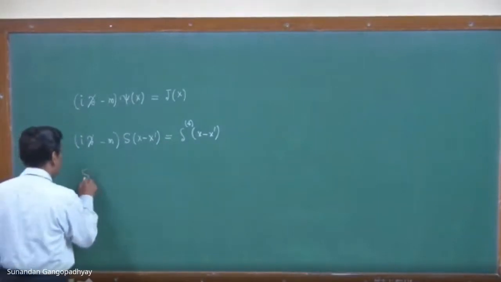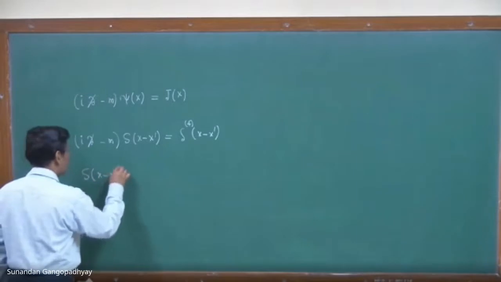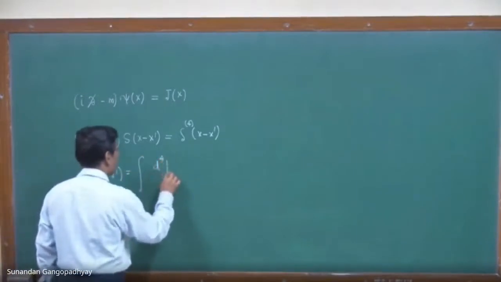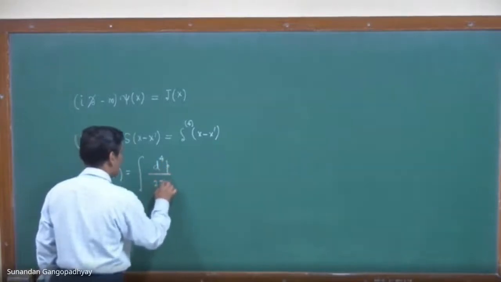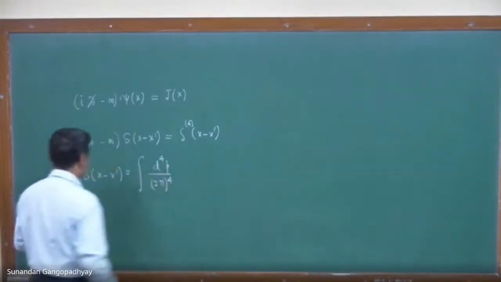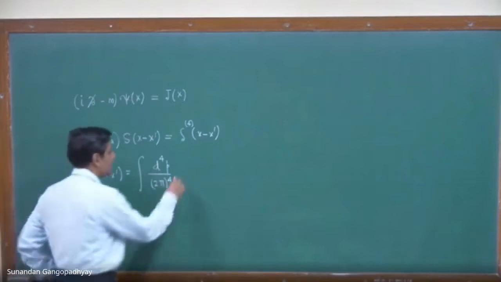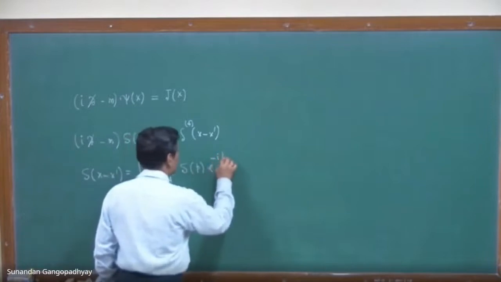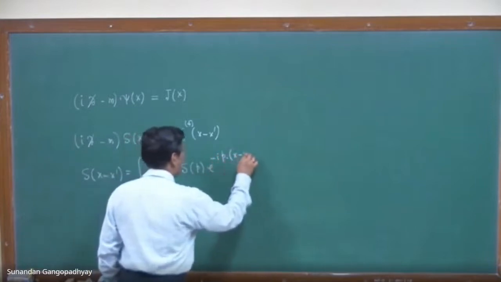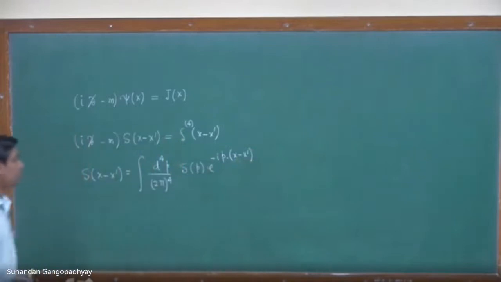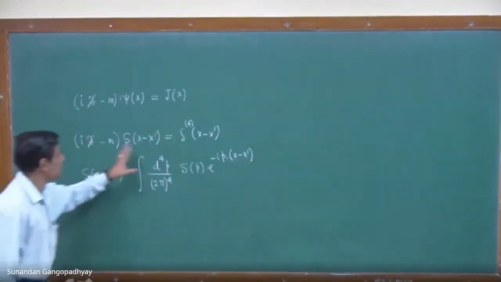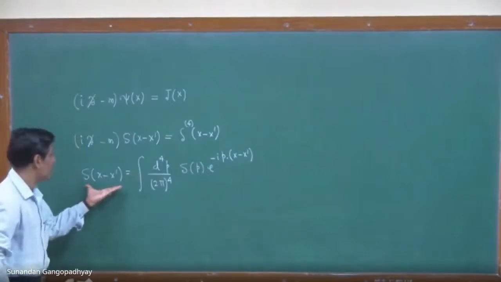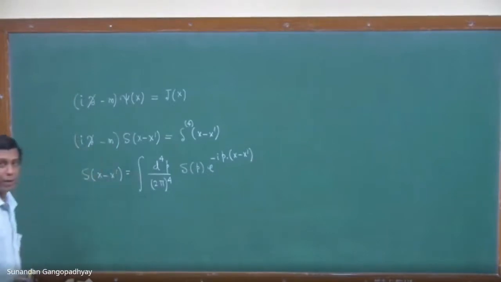So once again, the standard procedure is to take the Fourier transform of this function. If I Fourier transform this, I act on this function S of x minus x prime with this operator on both sides.